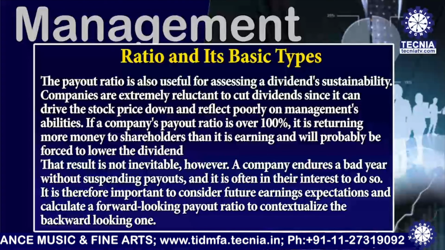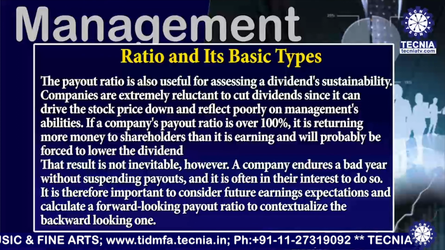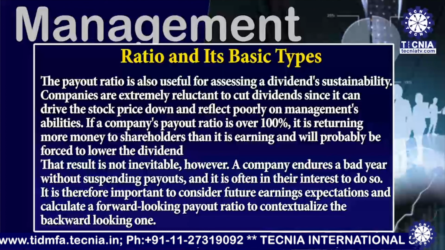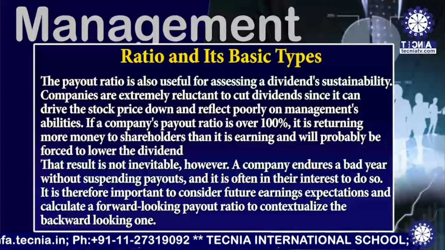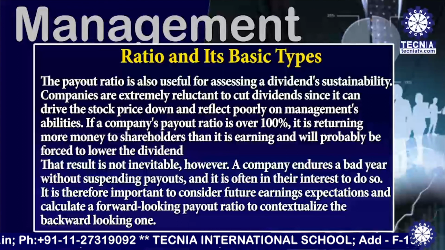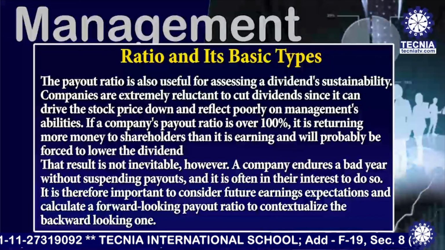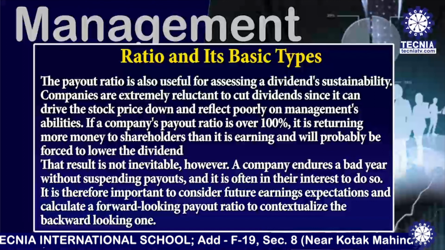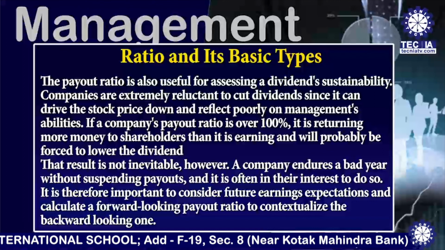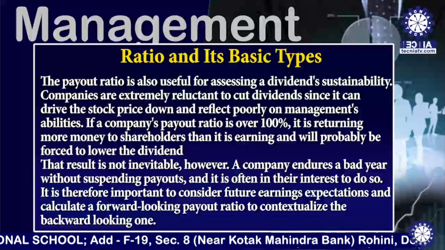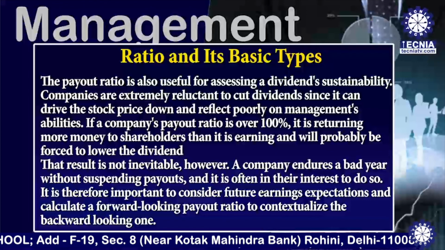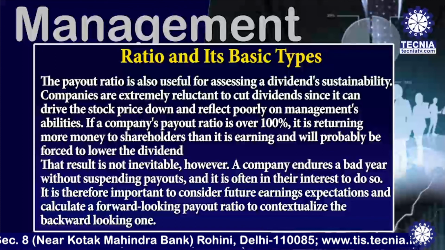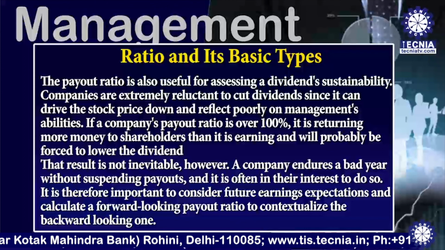Companies are extremely reluctant to cut dividends since it can drive the stock price down and reflect poorly on management's abilities. If a company's payout ratio is over 100%, it is returning more money to shareholders than it is earning and will probably be forced to lower the dividends, or stop paying it altogether.